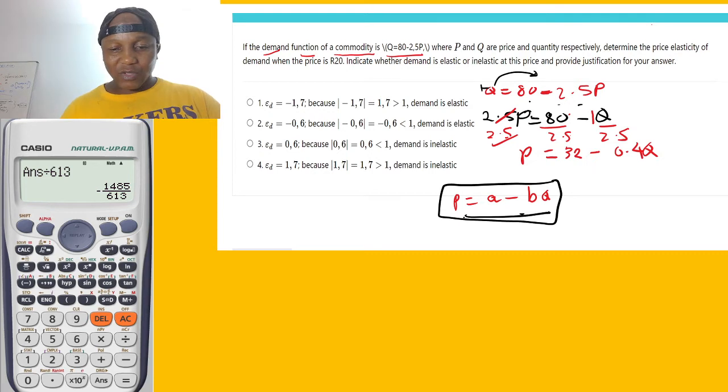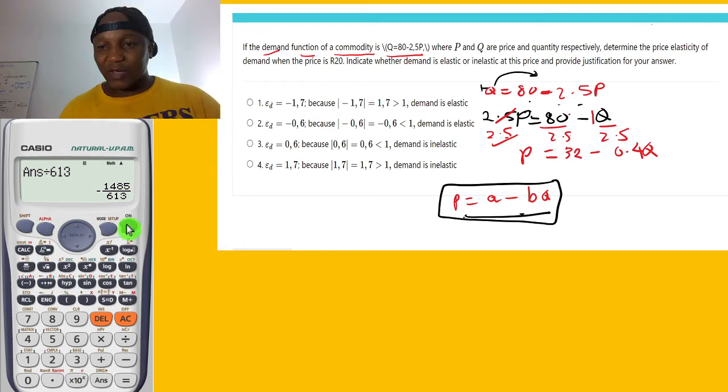If you don't know how to do that, I can show you how to plug it into a calculator. It's very basic.